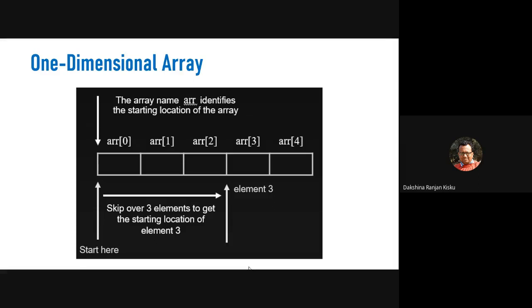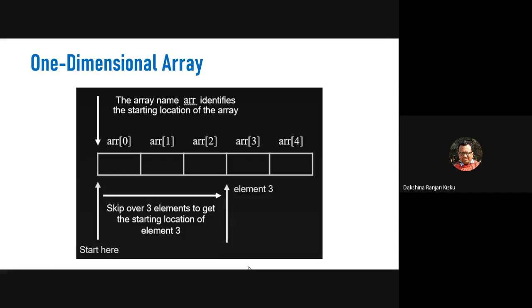So if I just write the array name arr, that specifies the starting location of the array. If we want to skip over 3 elements to get the starting location of the third element, we can write arr+3.